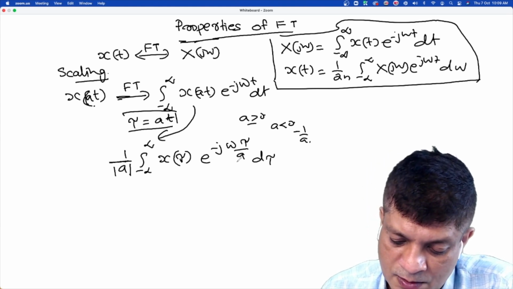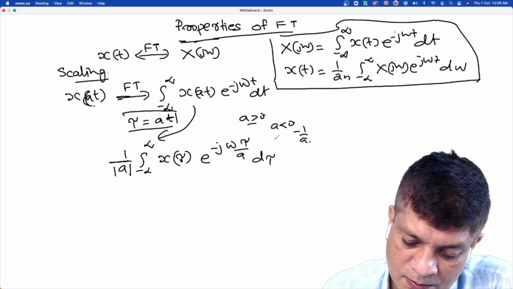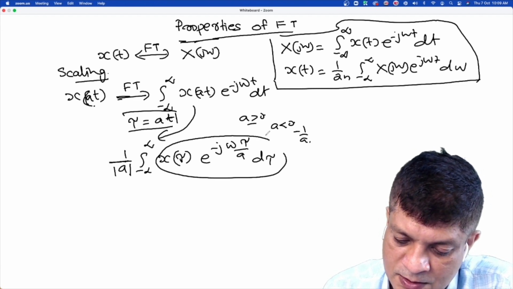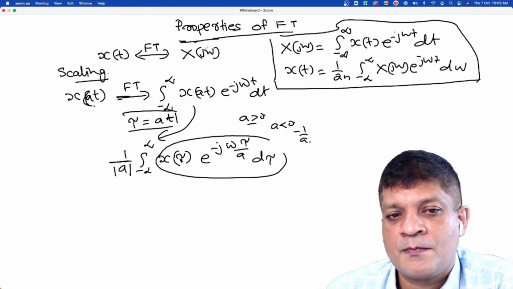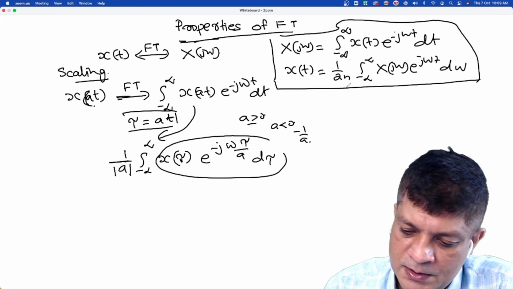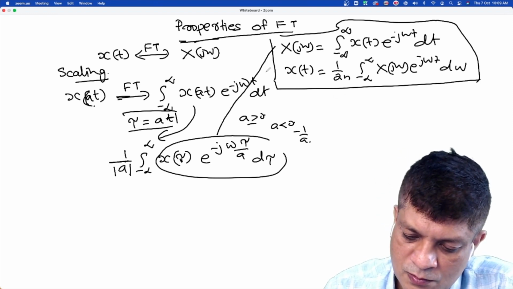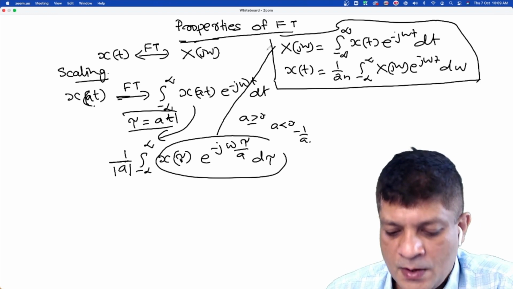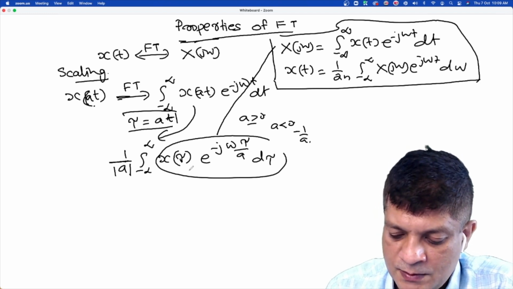Sorry, we have not completed it. Now can you tell me how this is related with x(j omega)? Compare these two and tell me how the Fourier transforms are related.